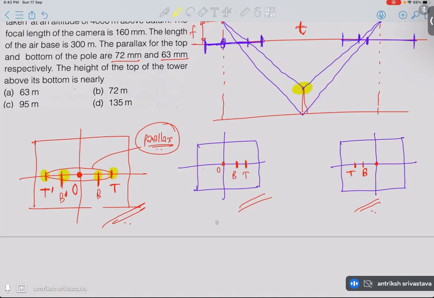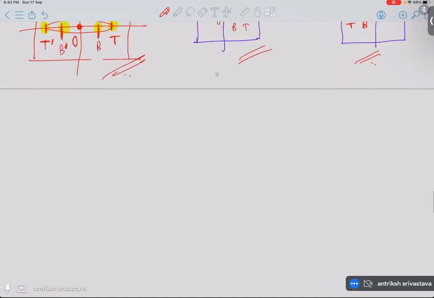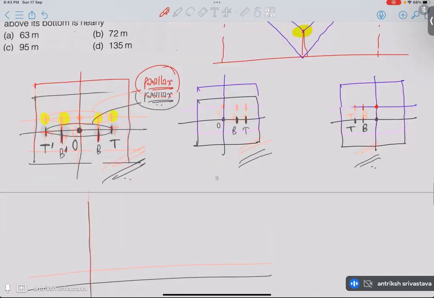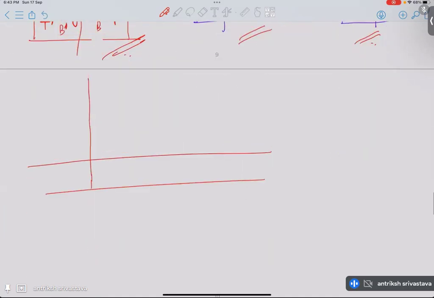Okay, now I've told what the parallax is. It is the sum of the distance from the principal point in the two photographs. So let's just try to write the formula for that. From our derivation earlier, you might be able to remember that since they have given specifically some information about the bottom also, I am not going to assume that the bottom is the datum.